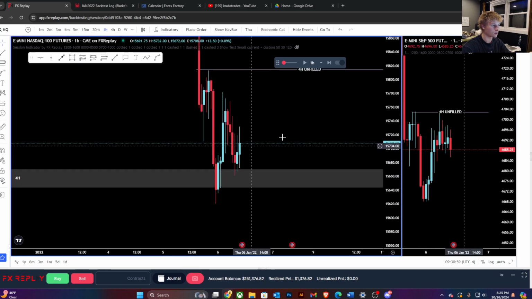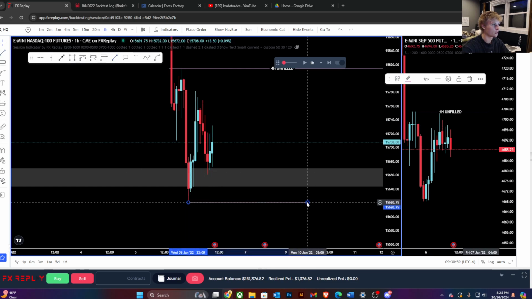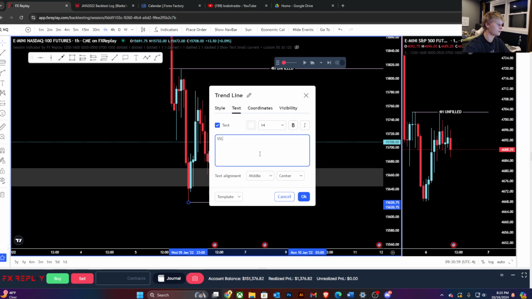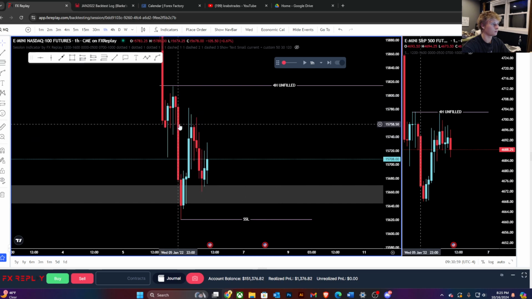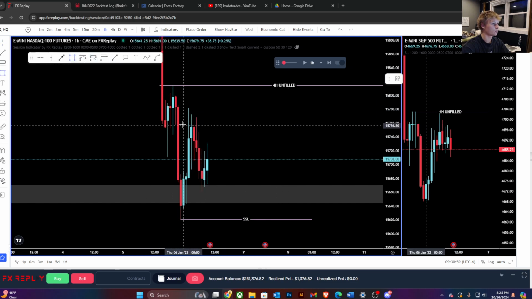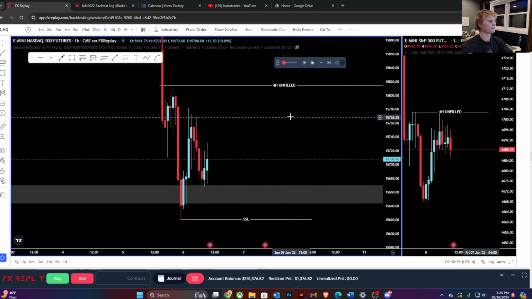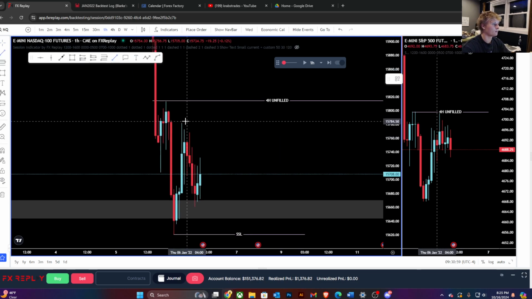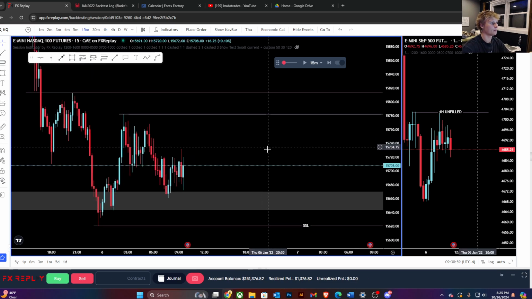Looks like we also inverse this hourly, so I do want to see us continue down lower ideally. Held this hourly bearish as well right here. So yeah, higher time frame, leaning more bearish. Let's hop down to the 15 minute.